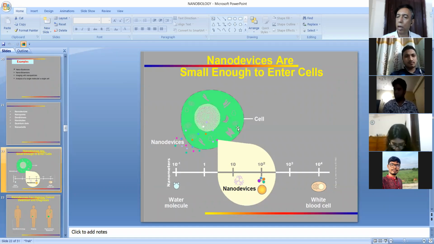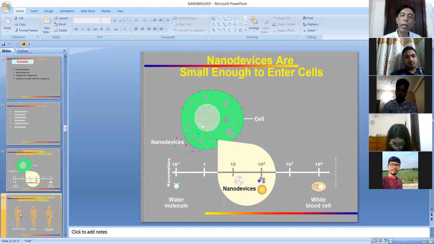I told you earlier that it will go to the cell and treat the specific portion of the cell. Say, for example, this thing is disturbing, and this will go here and treat only this thing, excluding all other things.